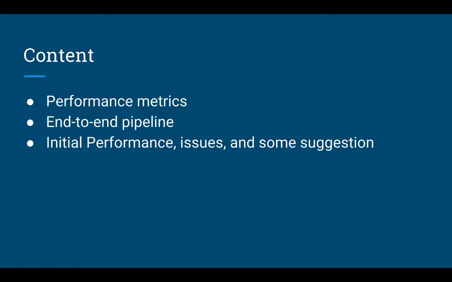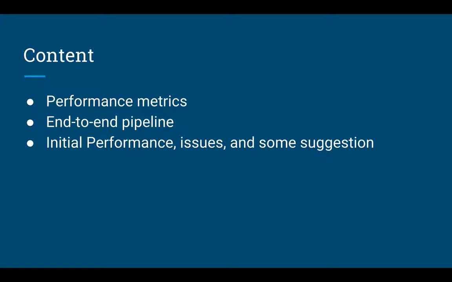So basically, this is the contents of our presentation. The first one we're going to be talking about is our performance metrics, which provides guidance to see how well our model is trained. Then we're going to provide an end-to-end pipeline that shows how we create a model, how we train our model, and how we execute it to provide the results.